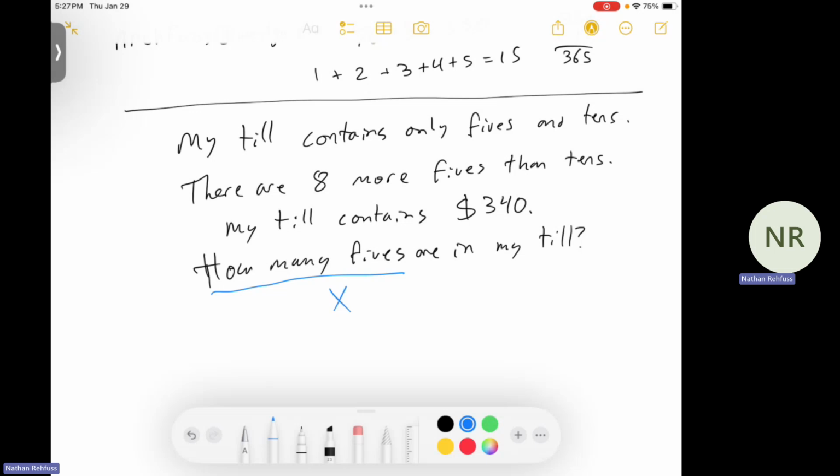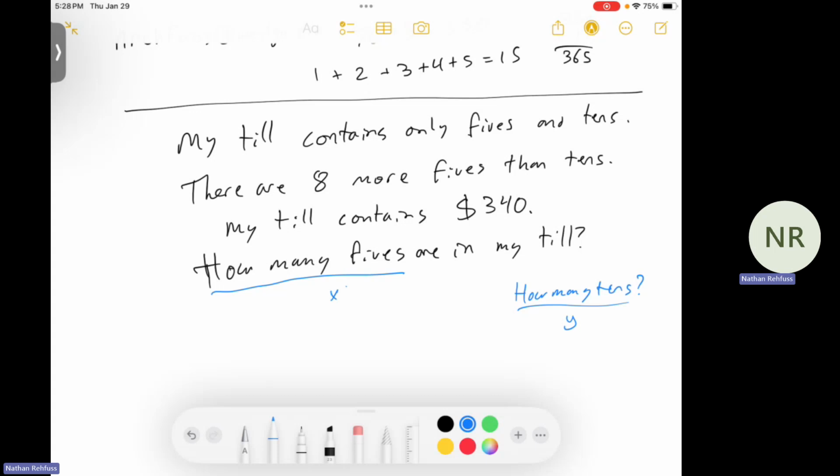How many 10s are in the till? It doesn't say how many 10s anywhere in the problem, so I'm just going to write it here. How many 10s? We'll say Y. On second thought, my Y's look a little bit like 4s if I write quickly. I'll use lowercase, then it looks distinct. So instead of an X, I'll use a lowercase x.